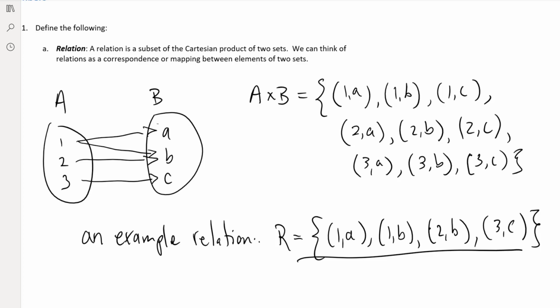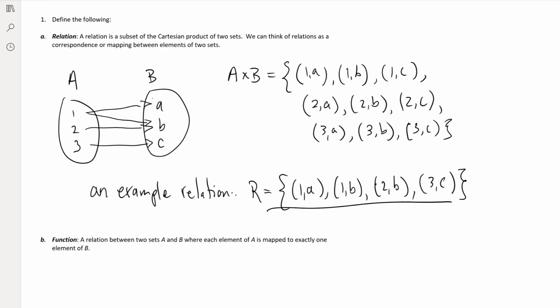So fundamentally, a relation is this sort of map between sets, using these primitive concepts of a correspondence and mapping between elements of two sets. My next definition is function.